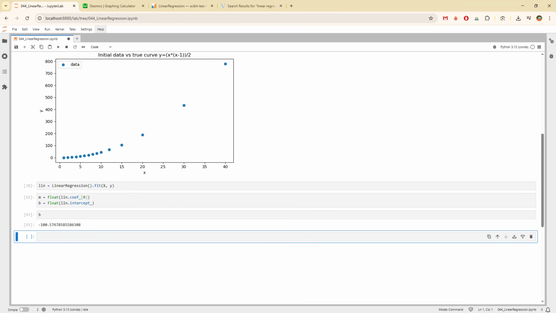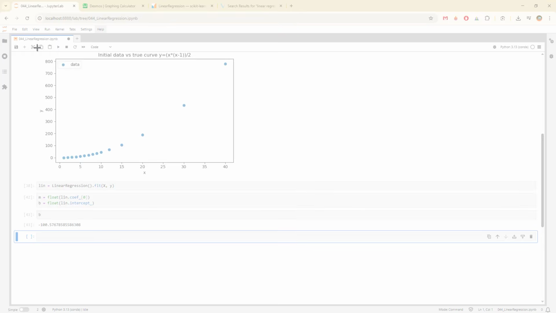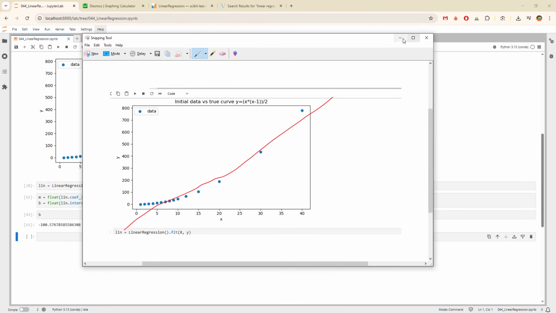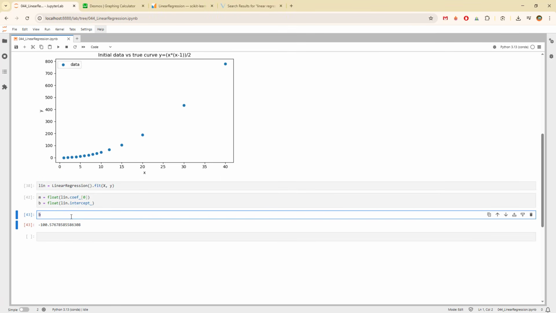It's going to look like this. Imagine, I'm going to write it right now. It's going to be something like this, or at least this is what I hope. Let's see how it's going to look. We can print the m and the b.